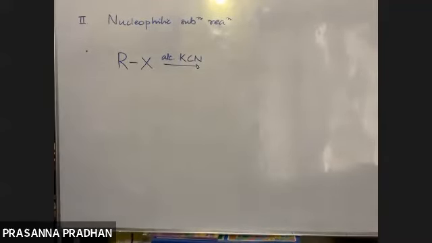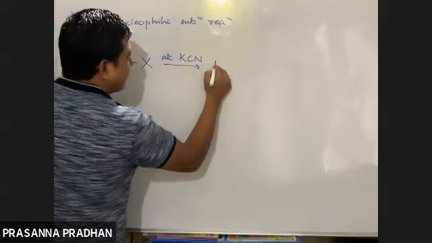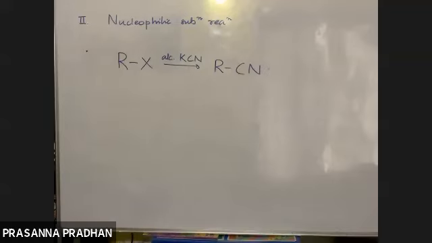What is the nucleophilic part, by the way, in potassium cyanide? The nucleophilic part is CN negative, right? So the halide will get substituted by CN.